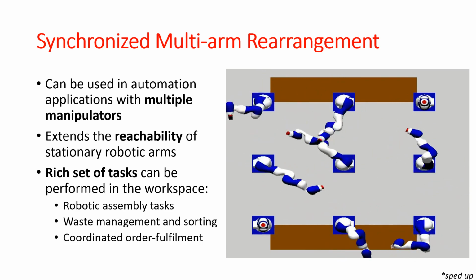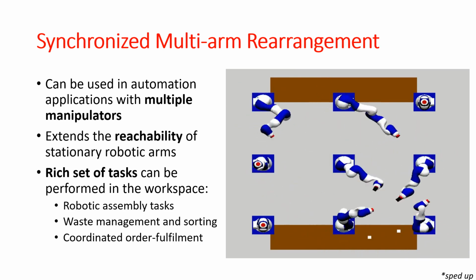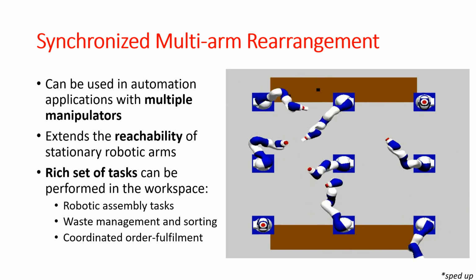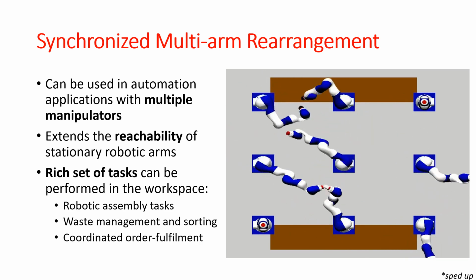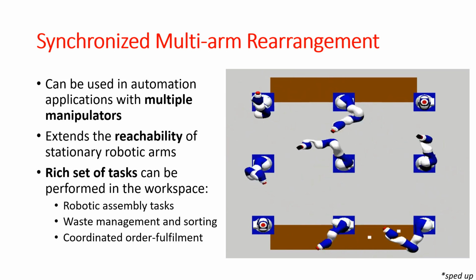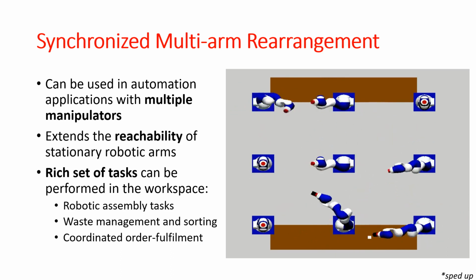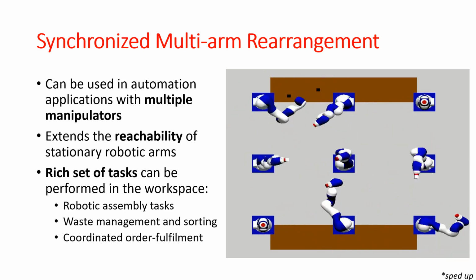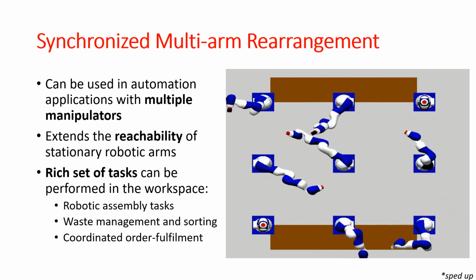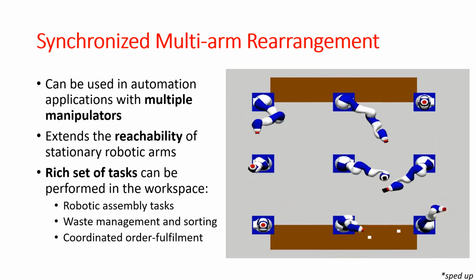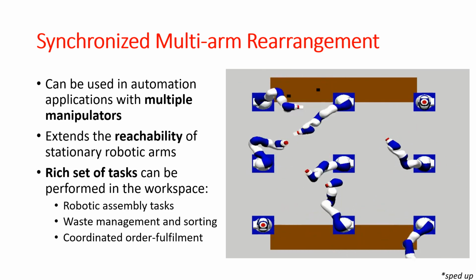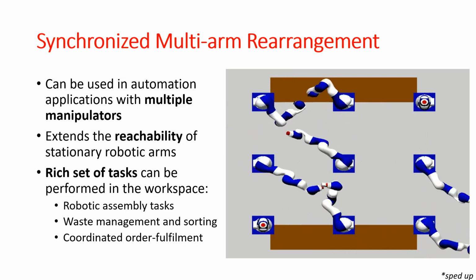Take, for example, robotic assembly floors, waste management or sorting, and order fulfillment. When you have a lot of robots available for doing manipulation tasks, if we can figure out a way to make these robots collaborate, we can address a much richer class of tasks in the same workspace.